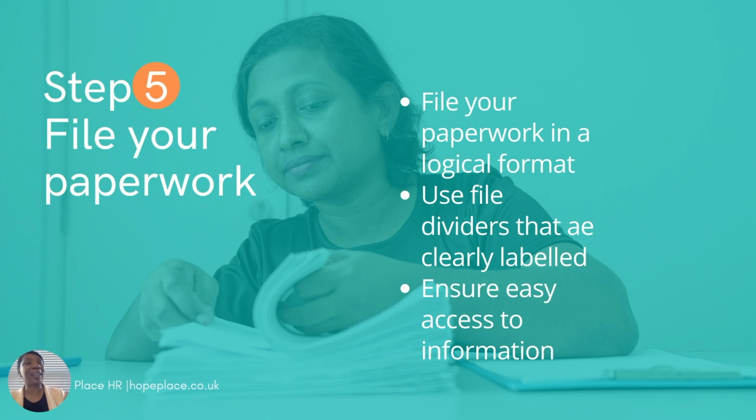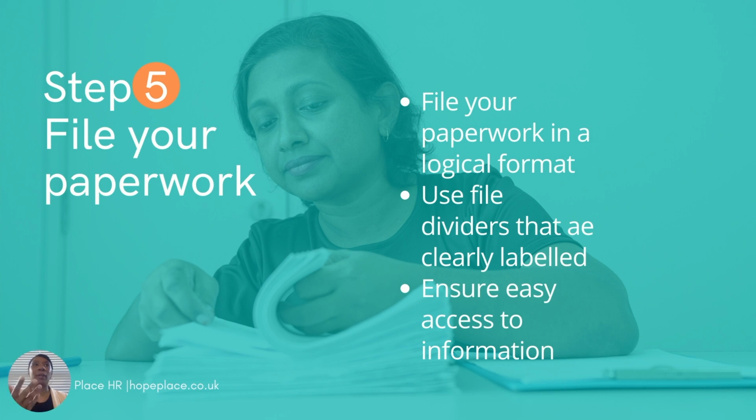Equally, you may have a section that says disciplinary. Label your file divider disciplinary, and file your paperwork behind that, and continue in that fashion. The point is that you're filing your paperwork in a way that you can quickly access information.